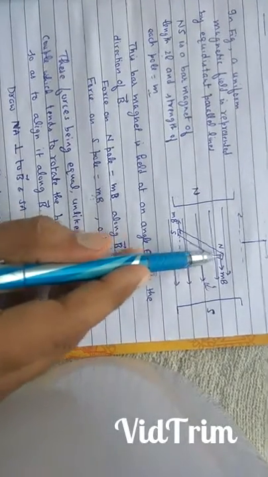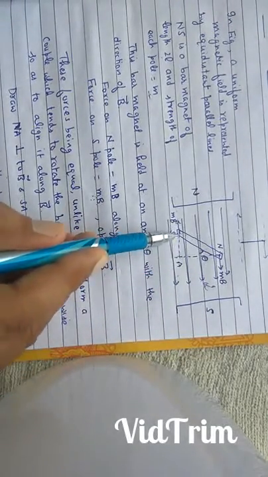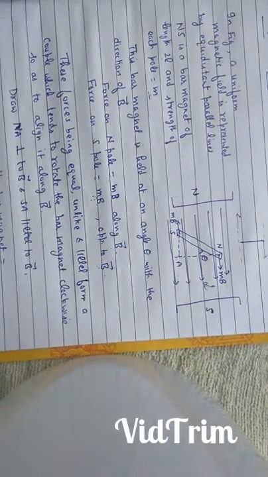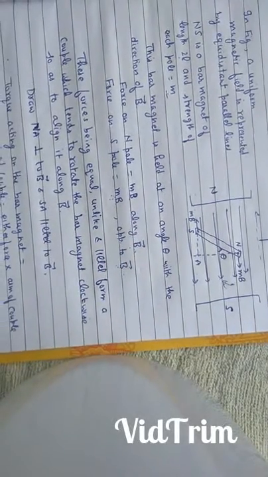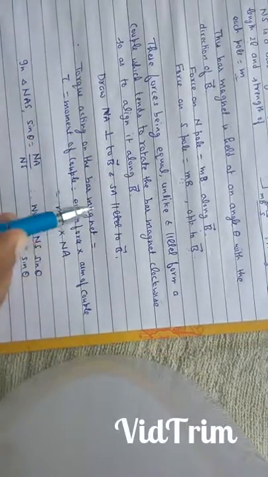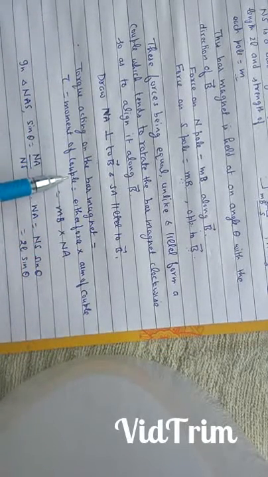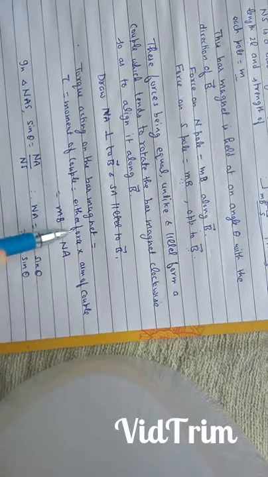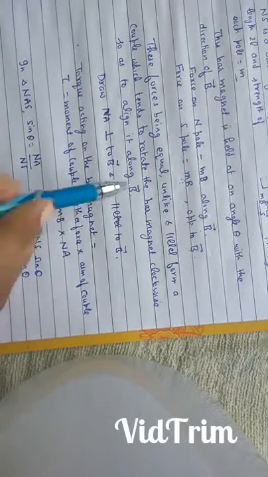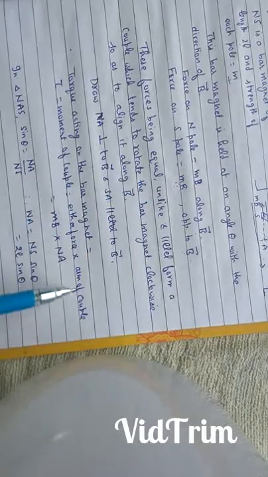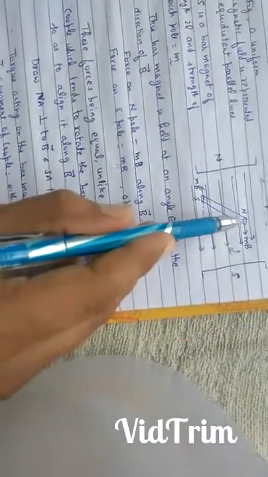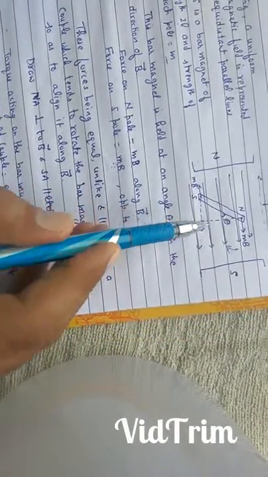Draw NA perpendicular to B and SA parallel to B. Now torque acting on the bar magnet is equal to moment of couple, which is given by either force into arm of couple. Each force is MB. Arm of couple is the perpendicular distance between the line of action of two forces.